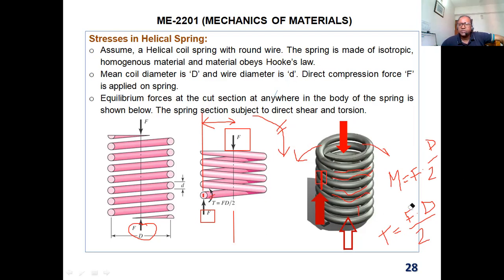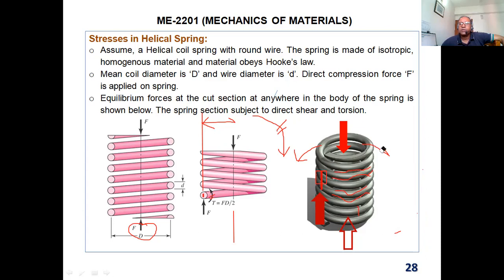So the torque and the force acting on this little section are balancing the force F and also balancing this torque.